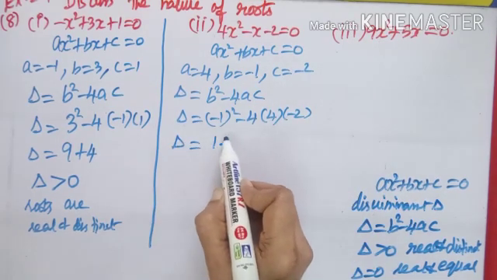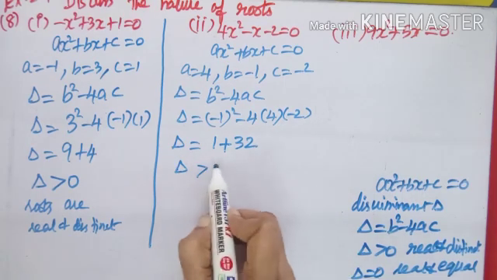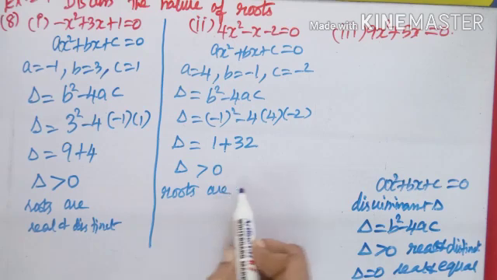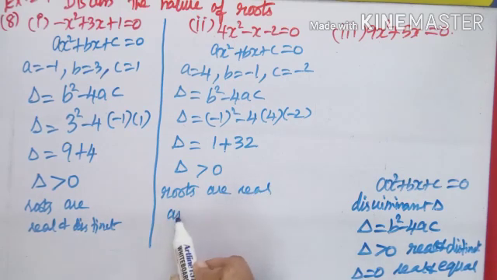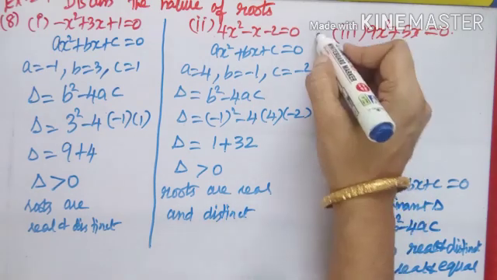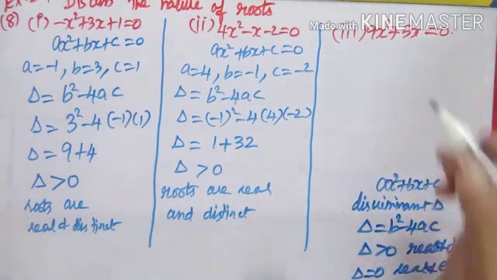It is 1 plus 32, which is positive again. So I say the roots are real and distinct. The word distinct implies not equal, so unequal roots I get.